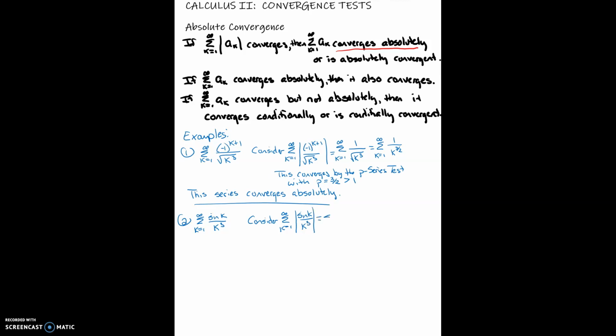All right, can we simplify this a little bit? In the denominator, that's an easy one to see: my k values go from 1 to infinity, all positive values, and taking the absolute value of a positive value gives a positive value. So in the denominator, I can get rid of those absolute values.